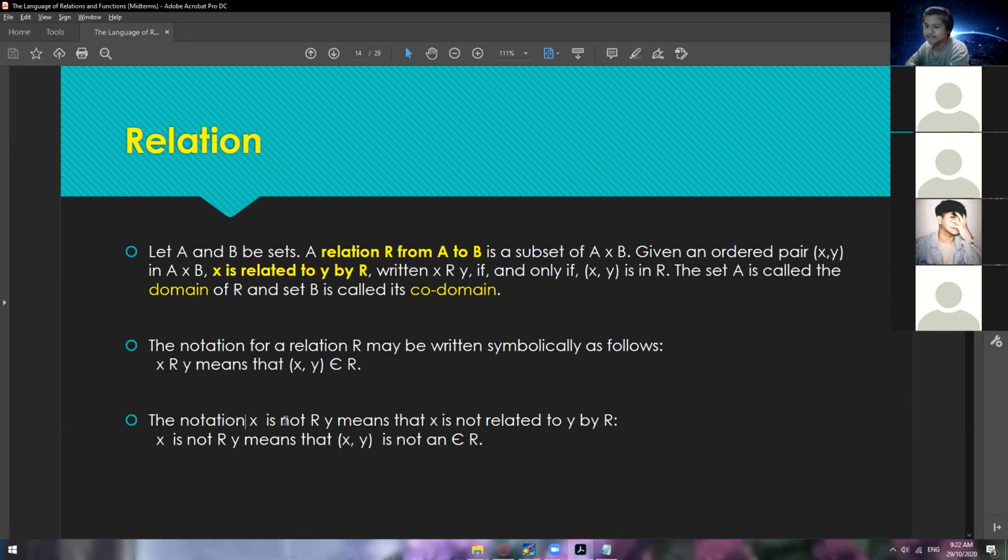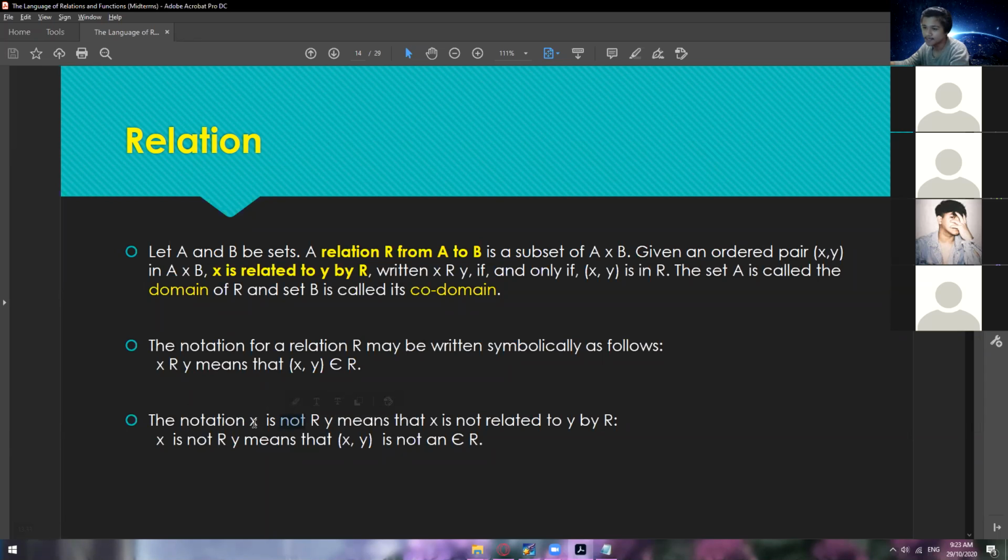The notation x R-bar y. So supposedly, etong R na to is may bar sa taas, R and then may bar sa taas or slash. Pero hindi ko kasi siya mahanapan sa PowerPoint, or equation, or mga symbols dito sa PowerPoint. So ang ginawa ko is nilagay ko na lang manually, okay, which is the word not.